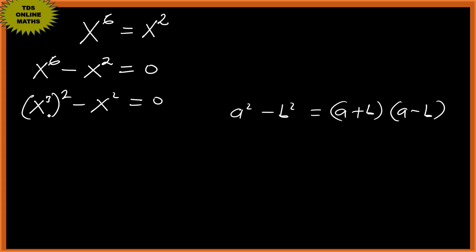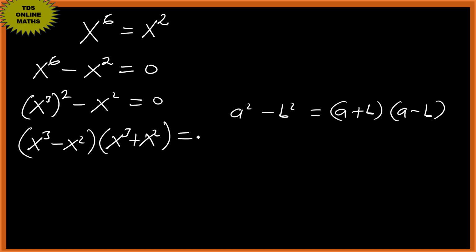So this one is a and this one is b. So the same as x cube minus x squared, then x cube plus x squared equal to 0.